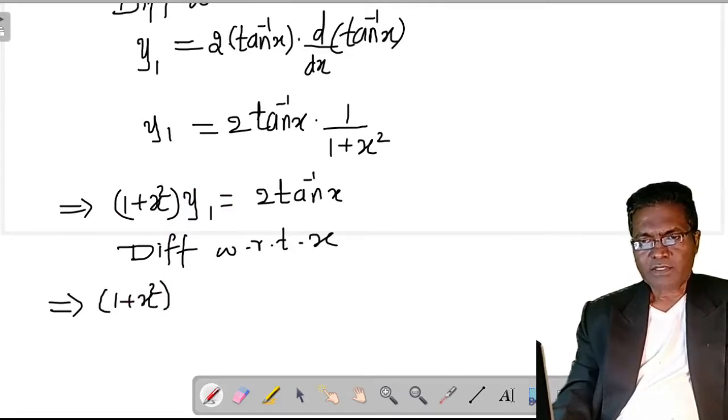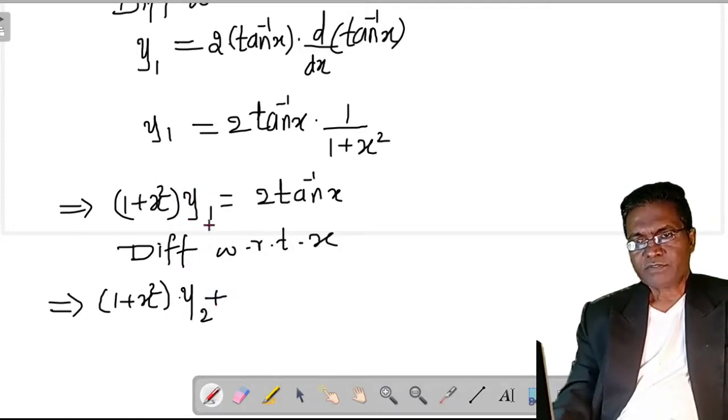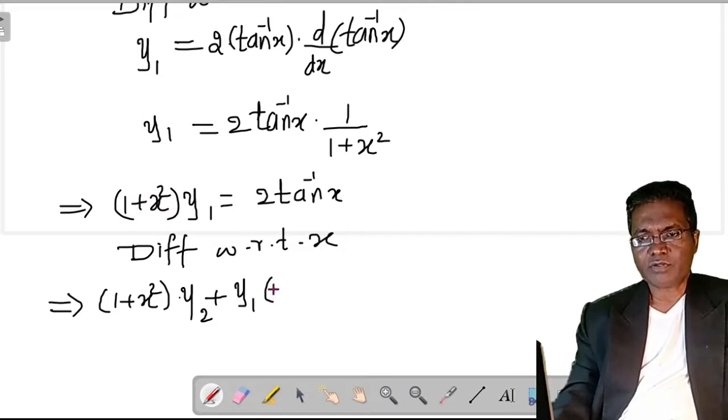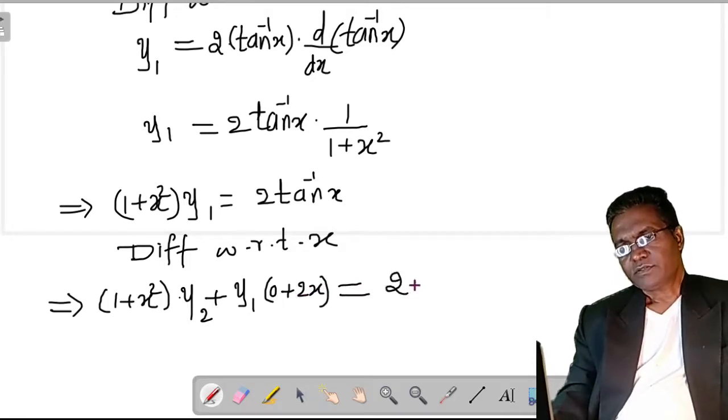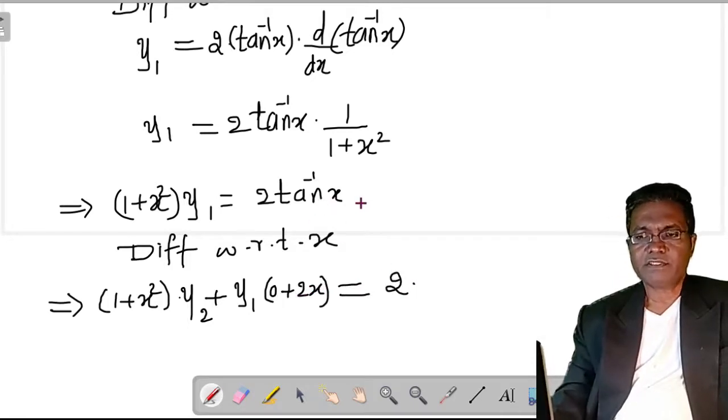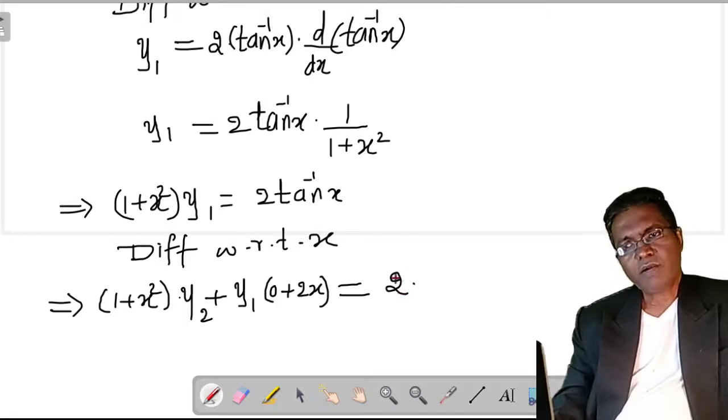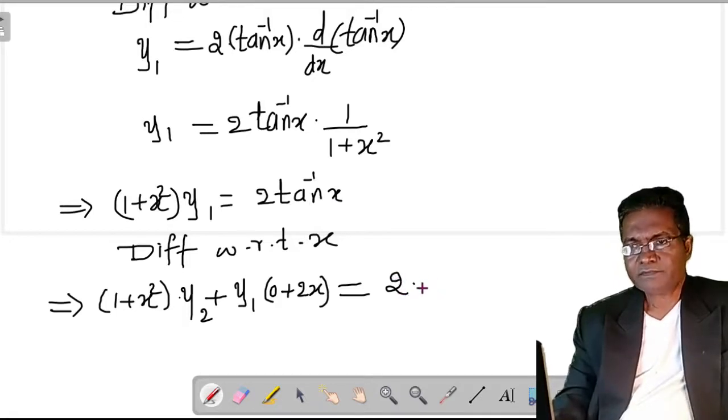So 1 plus x square into derivative of y1 is y2, plus y1 into derivative of 1 plus x square. Derivative of 1 is 0 and x square derivative is 2x. One can write directly 2x. This side, 2 into derivative of tan inverse x is 1 by 1 plus x square as earlier.